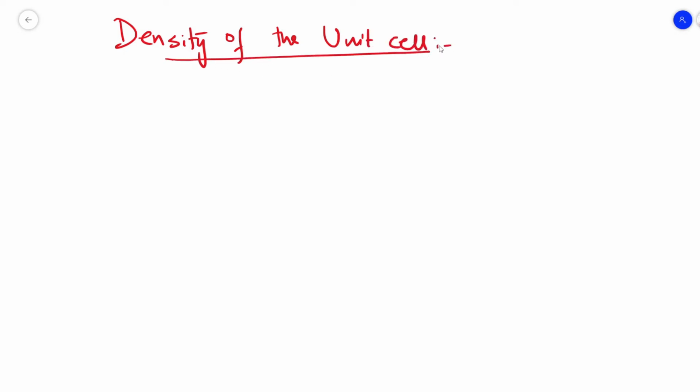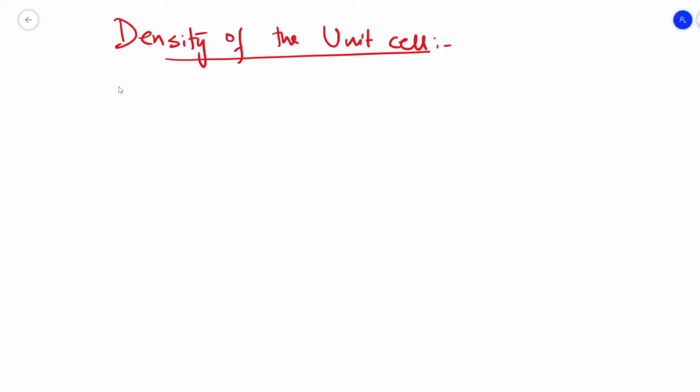Okay. Next I am going to calculate the density of the unit cell. How can we calculate the density of the unit cell? For that purpose we need a unit cell.